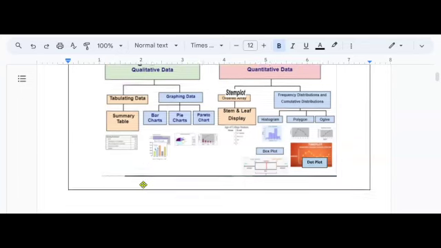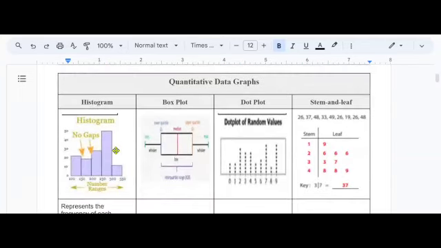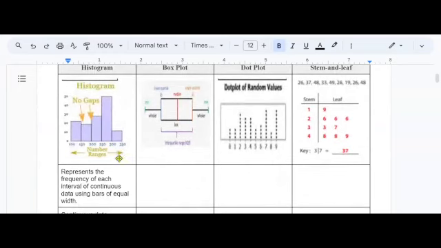Okay? Now, if you take a look at the first one, histogram. Histogram represents the frequency of each interval of continuous data using bars of equal width. We have box plot. This is how it looks like. And we have dot plot.